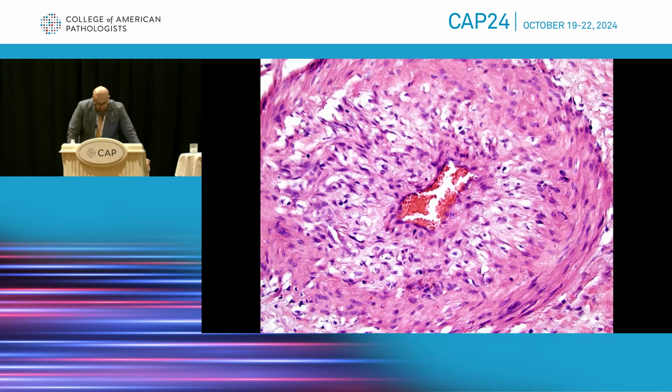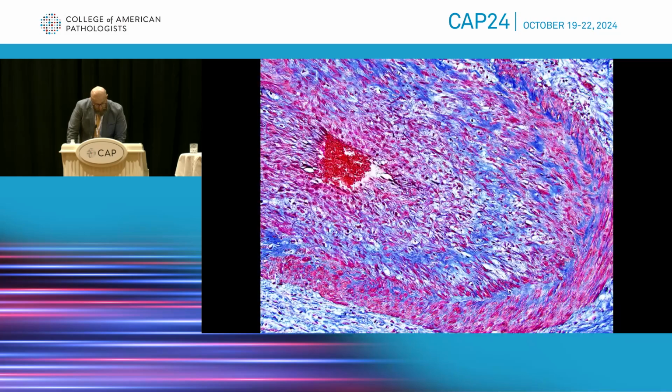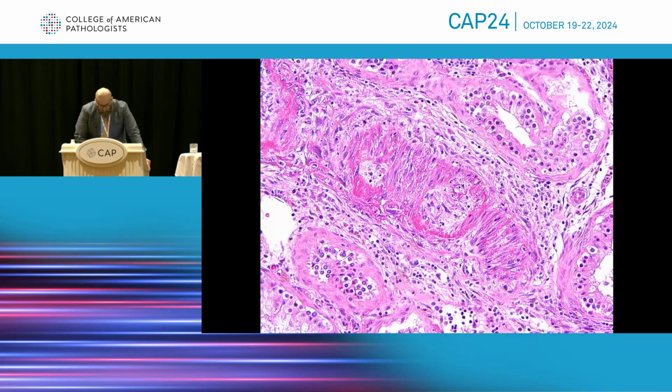Here's just a higher magnification again with some of those inflammatory cells thickening the intima, and again, the trichrome with this marked thickening of the intima and sprinkling of inflammatory cells in there. In the paper, actually, some of the vessels had almost a fibrinoid necrosis like you would think of in, say, a polyarteritis nodosa type pattern.